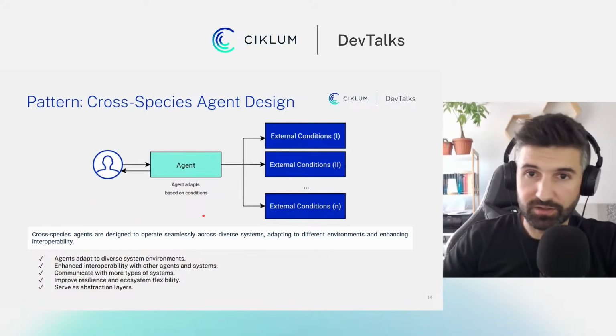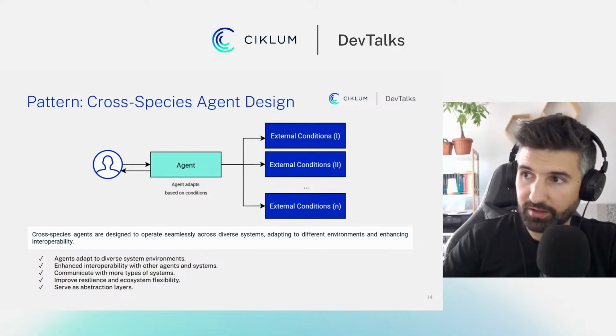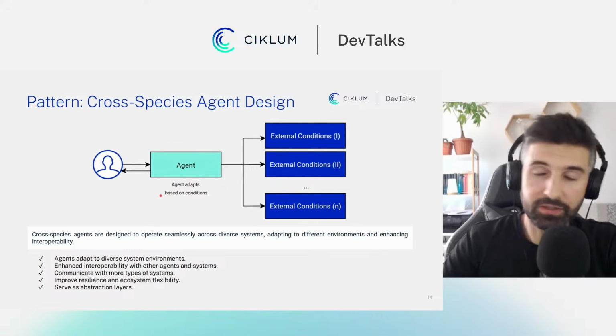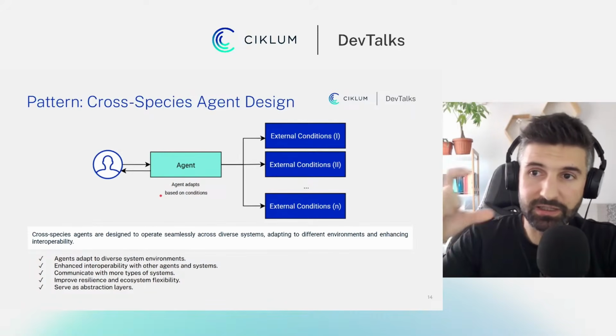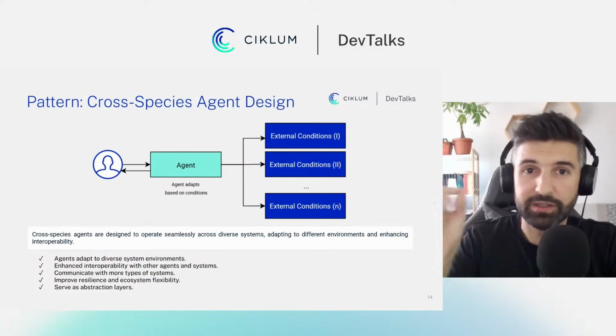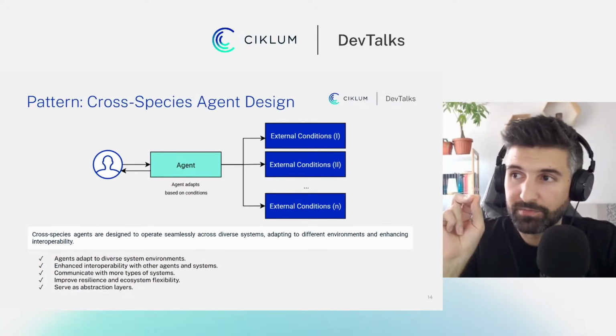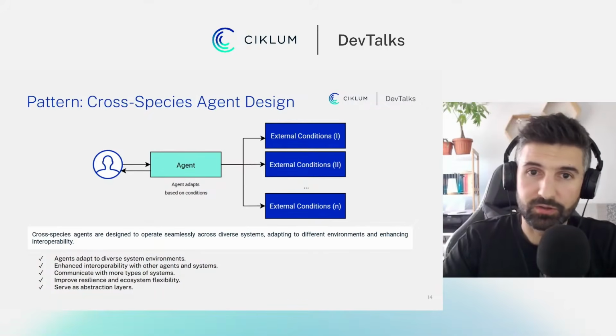Cross-species agents is the last pattern that I want to talk about. So far you've seen agents that are talking to other agents because they are in the same code base, in the same module, and their interfaces are actually just method calls, right?